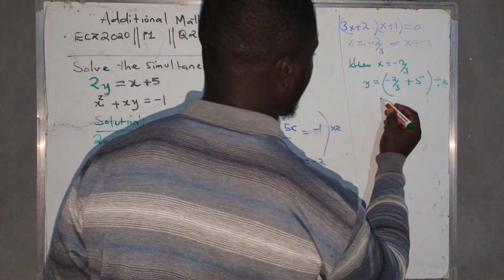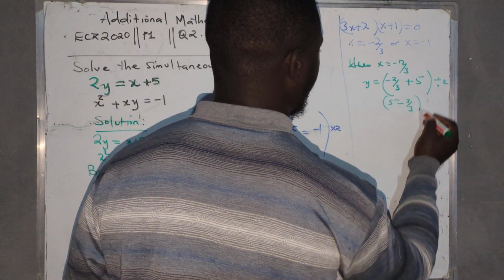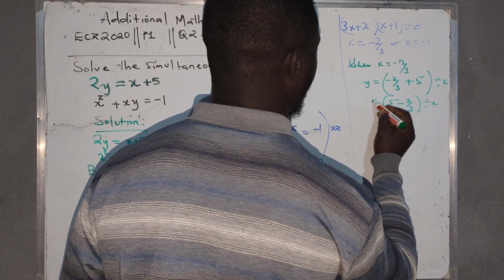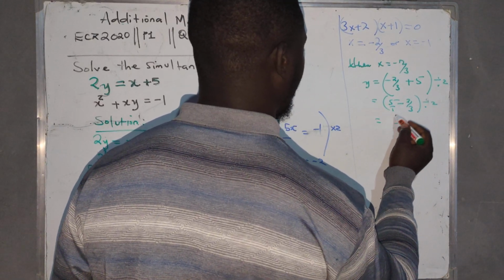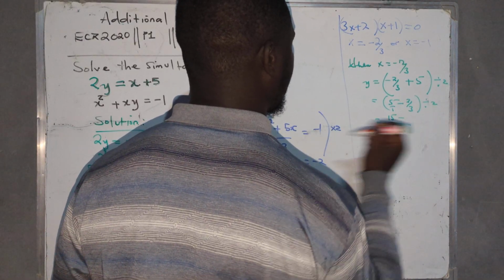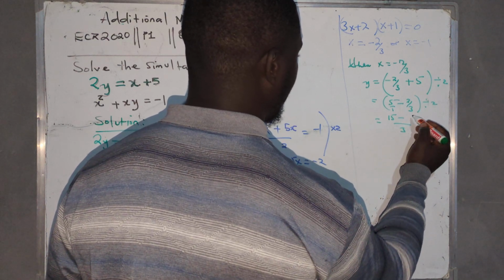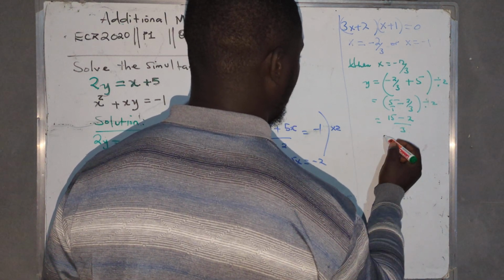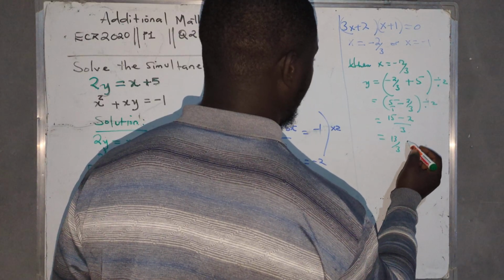So here, this is the same as saying 5 minus the smaller portion, everything divided by 2. And this is going to give us a 3, then here 1, so 3, 15, then minus this one, so 3 into a 3, that's 1, then 2. This is going to give us nothing but 13 over 3.